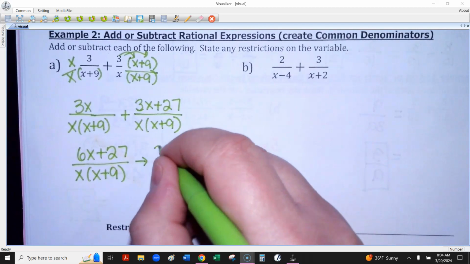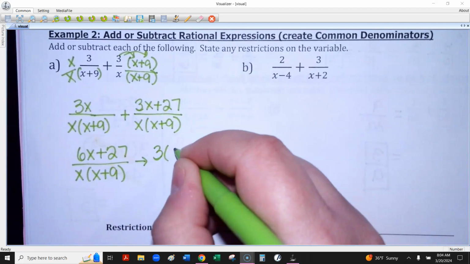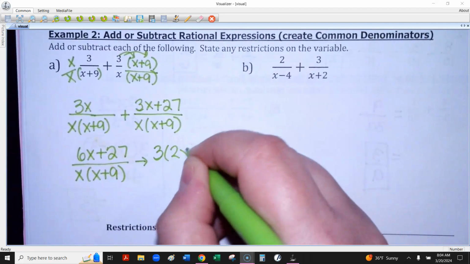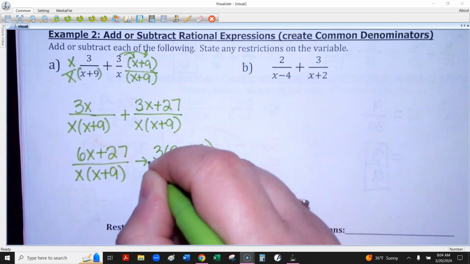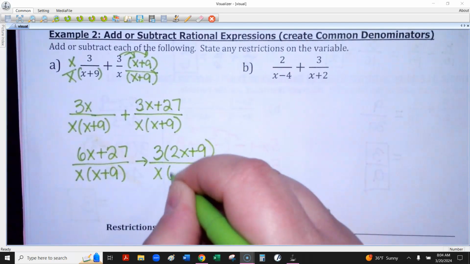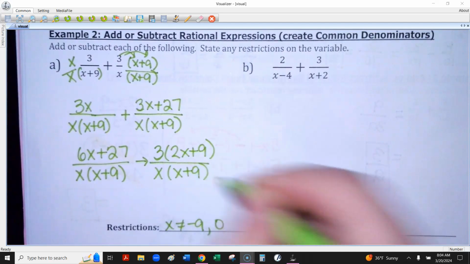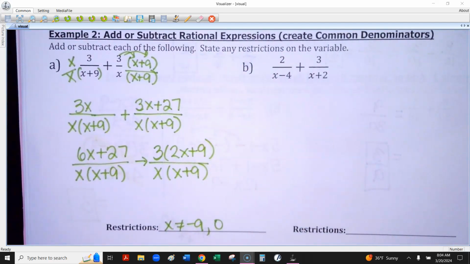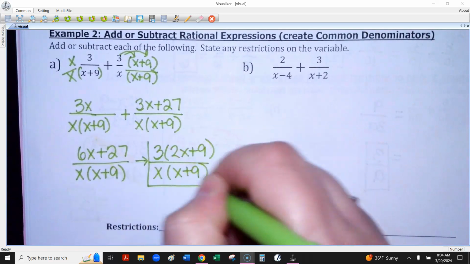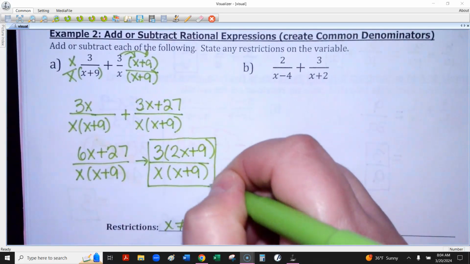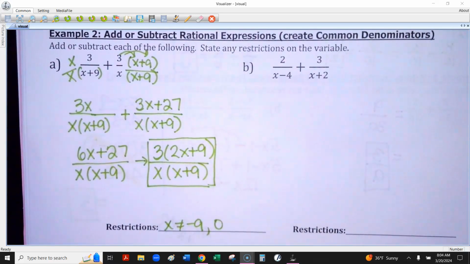So if I took a 3 out in front, left over, I'd have 2x plus 9. Now, in this particular problem, that is not going to cancel anything, but I just want to check and make sure that if I were to factor something, that it doesn't match up with the factor on the bottom. So this actually is going to be my answer, and just go ahead and leave it in the factored form. So just leave the parentheses there at the end of the problem.